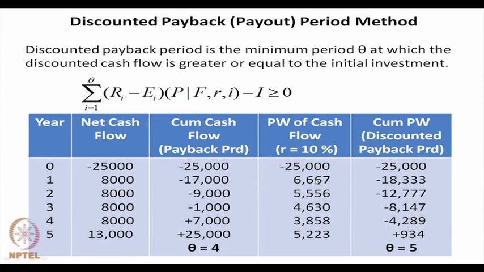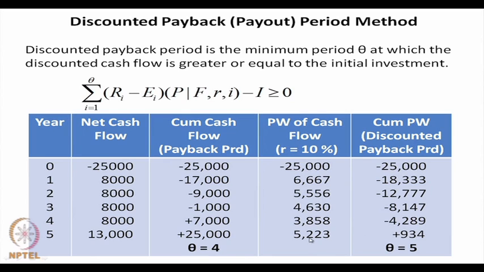That amount is lower than this, it comes to 5,556, and therefore, the remaining amount is this minus this, which is 12,777, and similar calculations are now made after the third year. The present worth is 4,630. If you subtract this amount from here, you get the unrealized amount of 8,147, and after the end of the fourth year, it is still negative.